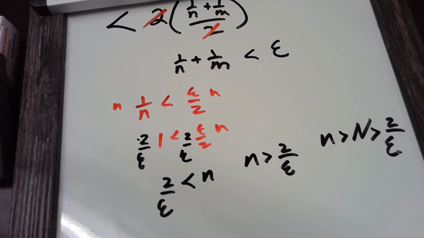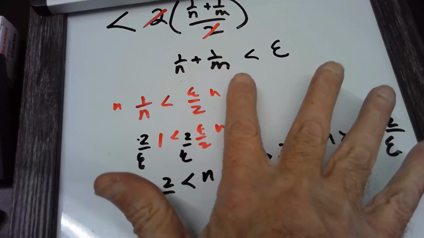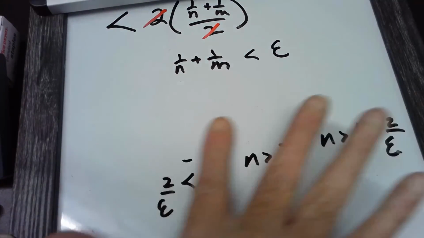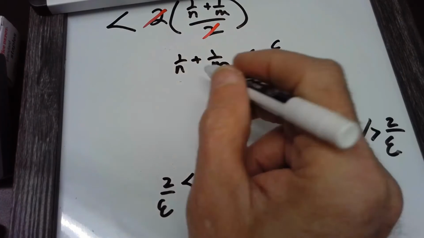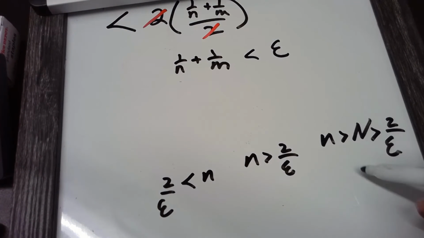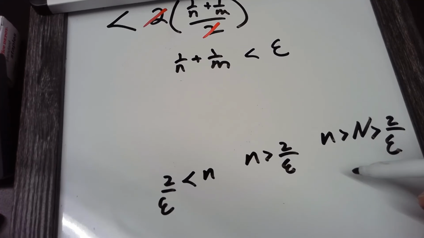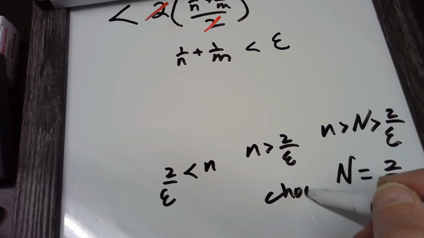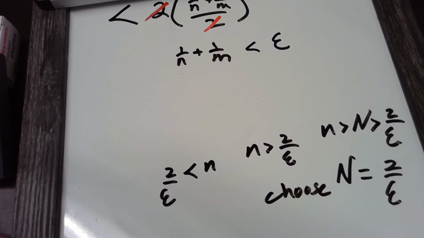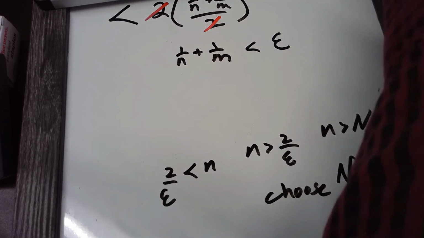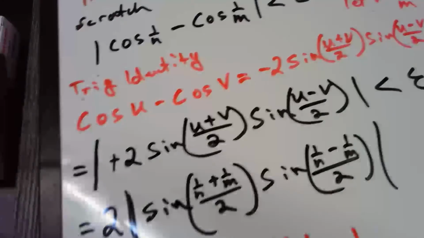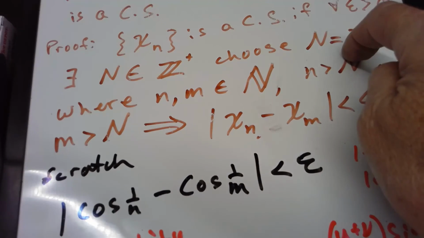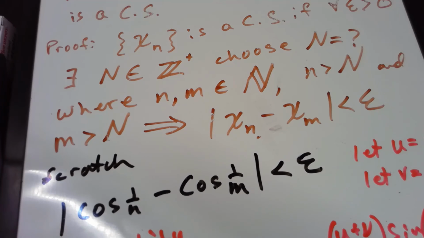Okay, so going back up here, because I need the room, we can say that big N is equal to 2 over epsilon. So we can choose N to be 2 over epsilon. Going back up here, we put N equals 2 over epsilon.